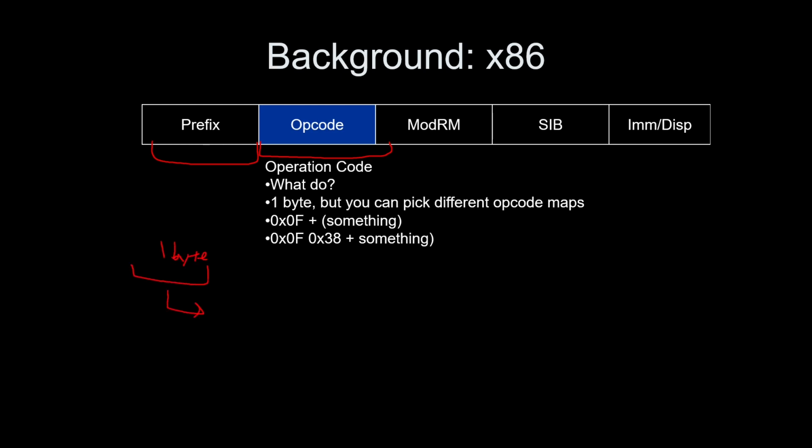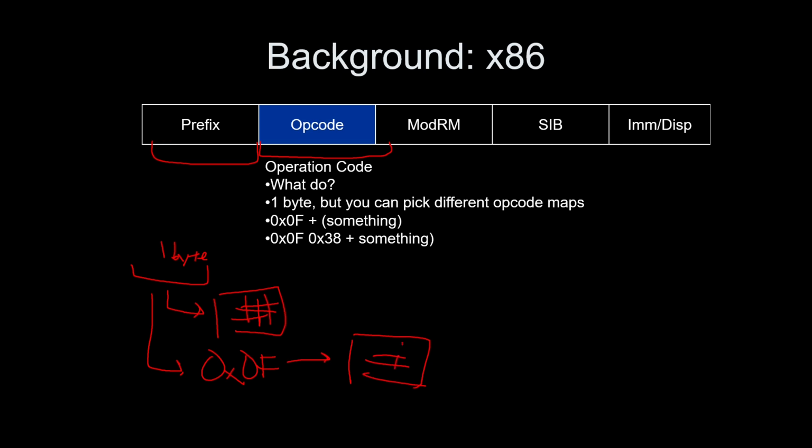And you would normally look this up in the map to see what operation it corresponds to. But if you have a special value, if this exactly matches in hexadecimal, F, or basically 4 ones at the lowest bits, then go to an alternate map, and so on. This can actually happen twice.